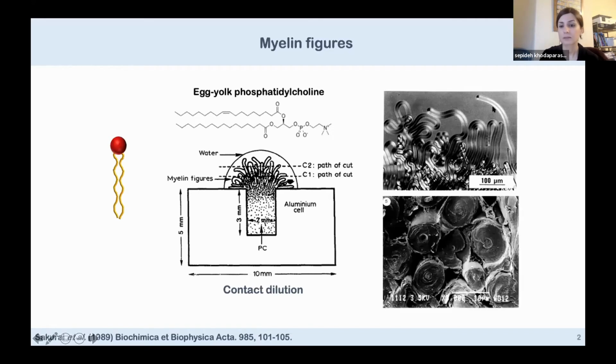This is because if you put these under an electron microscope and cut through them, you see that the core is formed of water, and the surrounding is very similar to the myelins that we just saw on the last slide, formed of tubular lamellar bilayers.